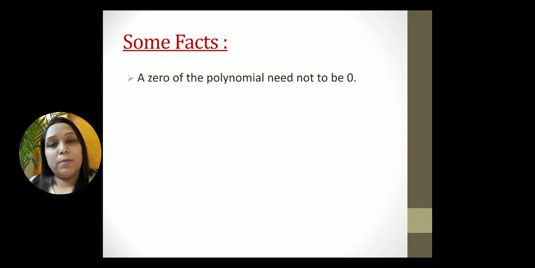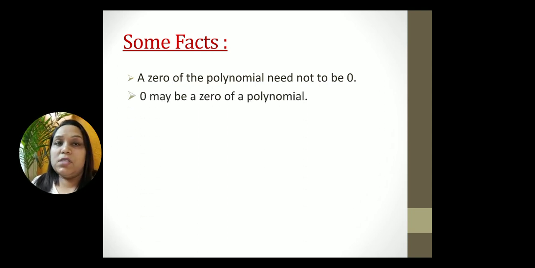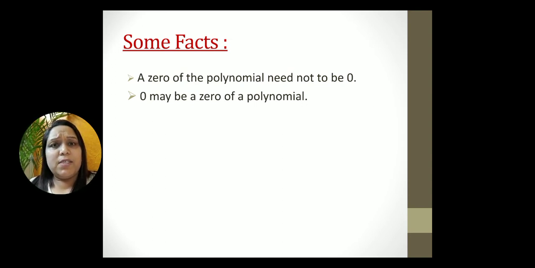The 0 of the polynomial means that where the value of the polynomial is 0 at a particular point, that number is called the 0, not 0. 0 may be the 0 of a polynomial, like if it is the polynomial 2x, it will be 0 when x = 0. So 0 may be the 0 of the polynomial, but it need not be.